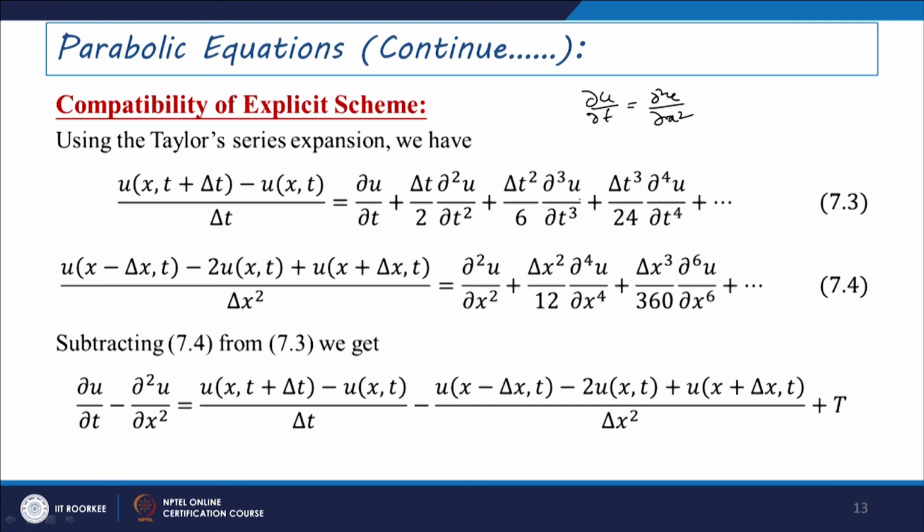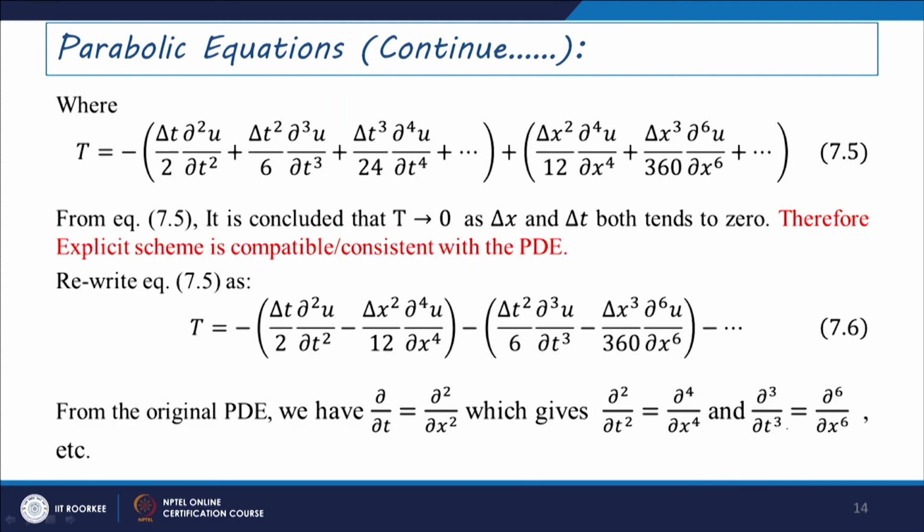And if you take the central difference approximation, then this added truncation error is of this form here. If you subtract these two terms, then we can find the discretized error or the truncation error associated with this expansion here. This truncation error, the difference of first the time expansion, is nothing but minus of del t by 2 del square u by del t square, plus del t square by 6 del cube u by del t cube plus del t cube by 24 del 4 u by del t to the power 4, plus the rest of the terms.